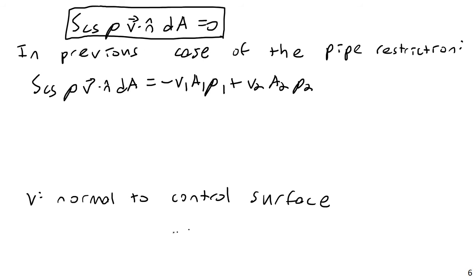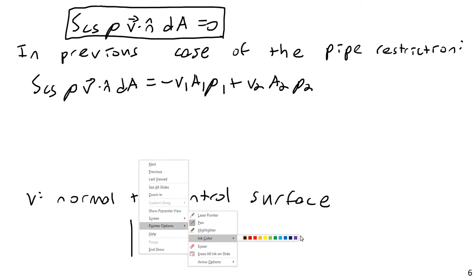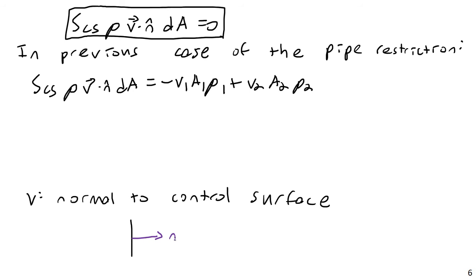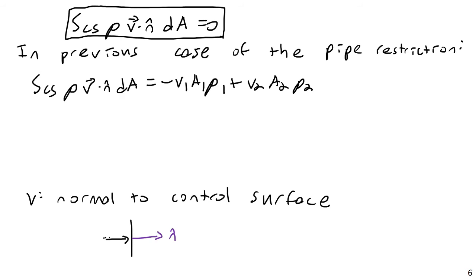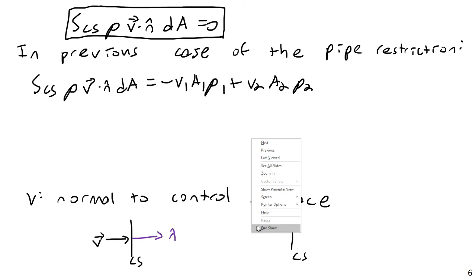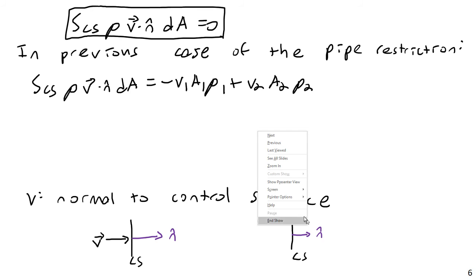If you remember from your math courses, the normal vector is going to be perpendicular to the surface. This is your normal vector. And if the velocity is off at an angle from the normal vector of the control surface, we want only the component that is perpendicular to the control surface.